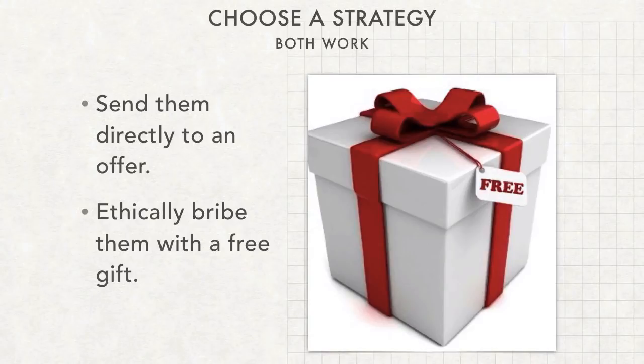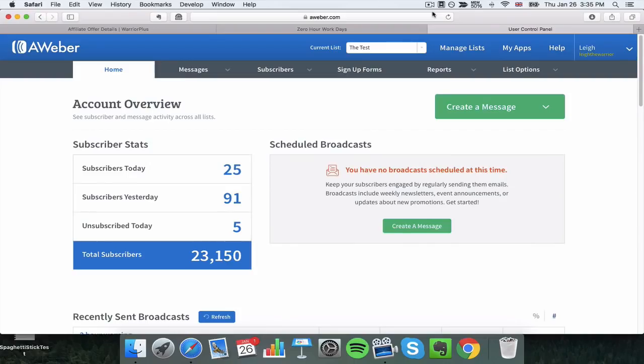Okay, so I'm now going to show you how to create good looking and effective landing pages for free. Now, the way that we do this is by utilizing the features that we already have in our autoresponder.